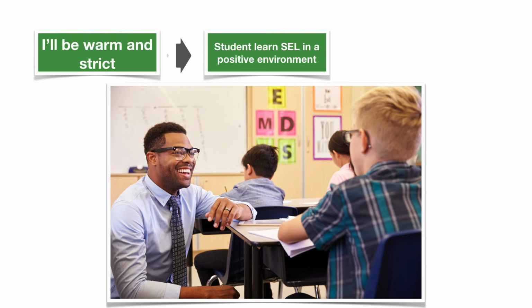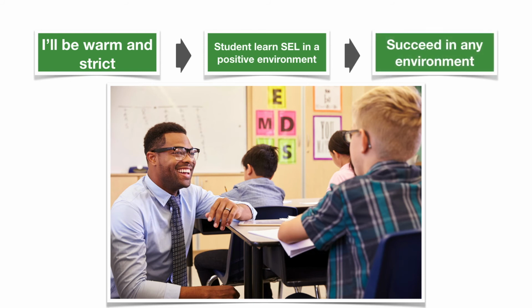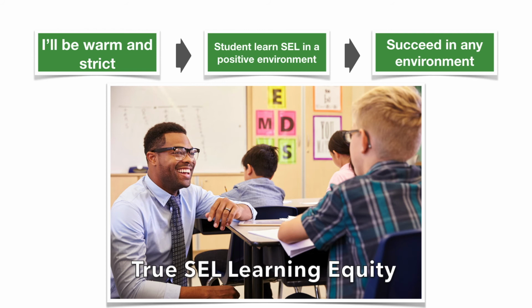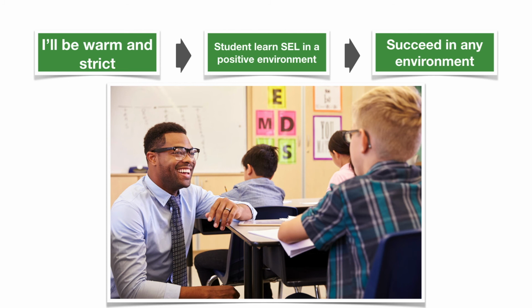This teacher's goal is for all students to learn SEL in an environment where the brain thrives, knowing that this gives students a better chance of succeeding in life and other challenging environments where a sense of community and care will be absent. The warm and strict teacher believes in true SEL learning equity for all and does not leave SEL learning to chance or a figure it out because life is tough mentality.